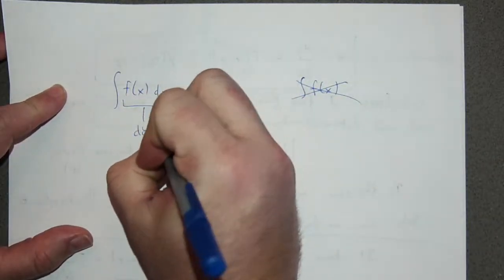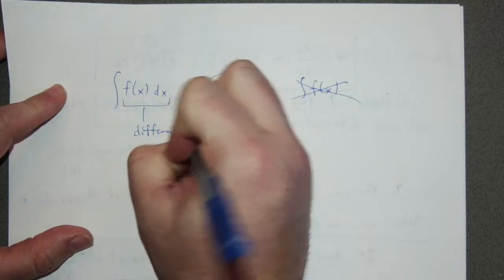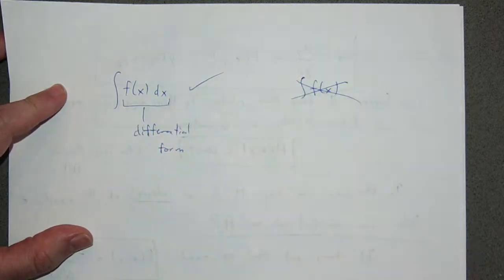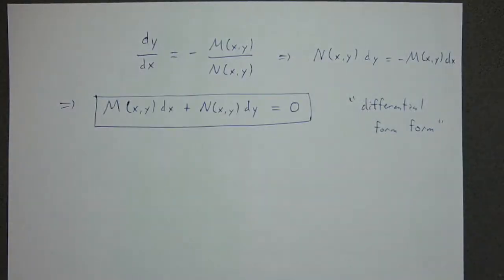Now, if you want to know more about differential forms, you're going to have to take Math 437. That is basically what you spend the entire time talking about in Math 437. But until then, we'll be content to just have these things floating around, and we don't really know what's going on there, where we can just view them as notation, if you like.